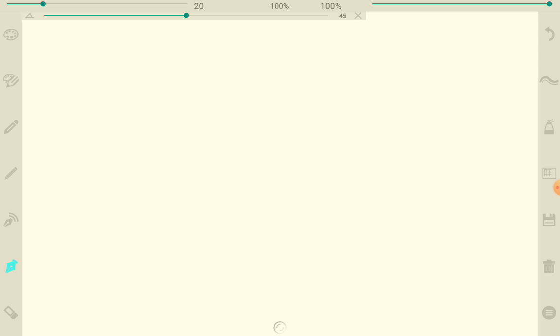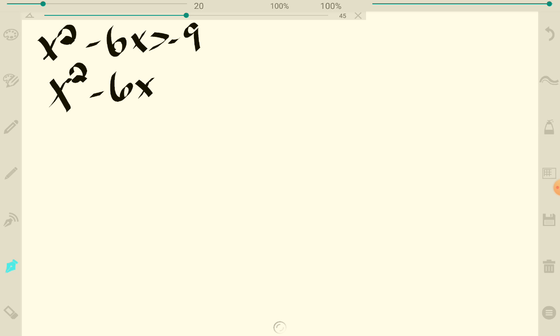Next problem we have is going to be x squared minus 6x is greater than negative 9. So we start off by getting all the numbers to the same side. We would do x squared minus 6x plus 9 is greater than 0.